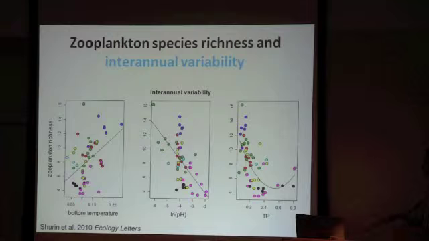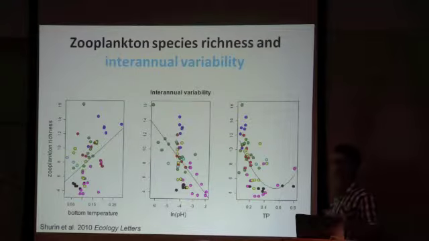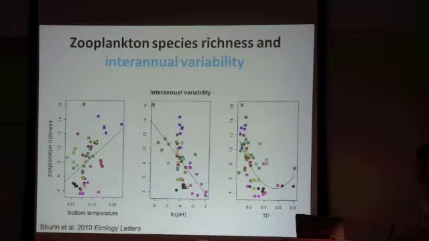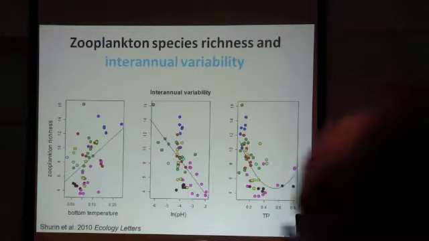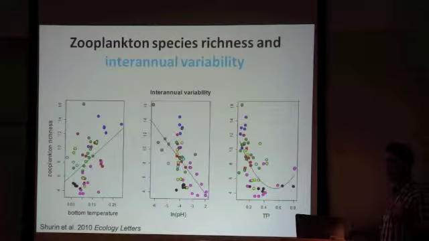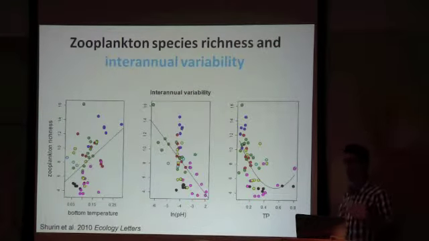And next was a negative relationship with interannual variability in total phosphorus. Now, it's interesting, total phosphorus is an indicator of productivity or trophic state, so this tells you how green the water is. And we found no relationship between diversity and the average of productivity, but there was a negative relationship between diversity and the interannual variability in total phosphorus.